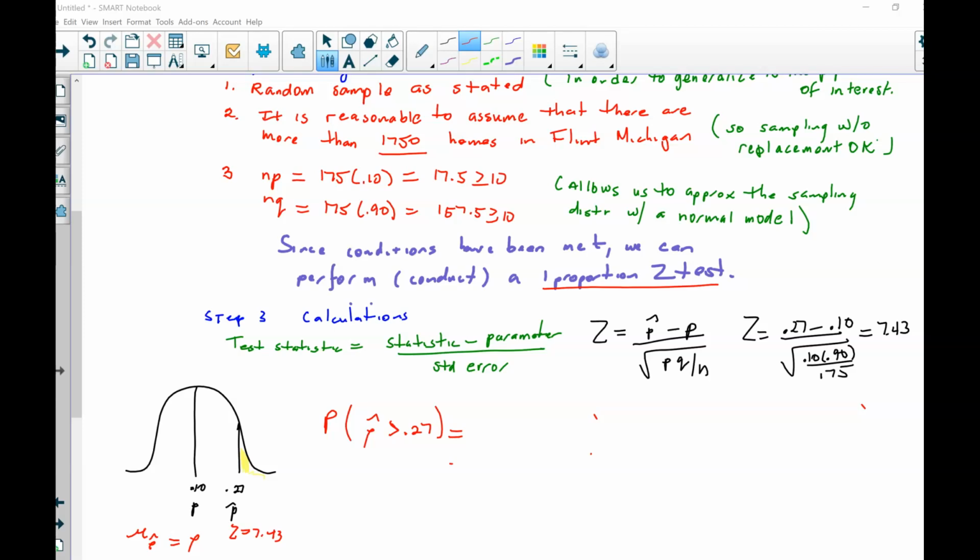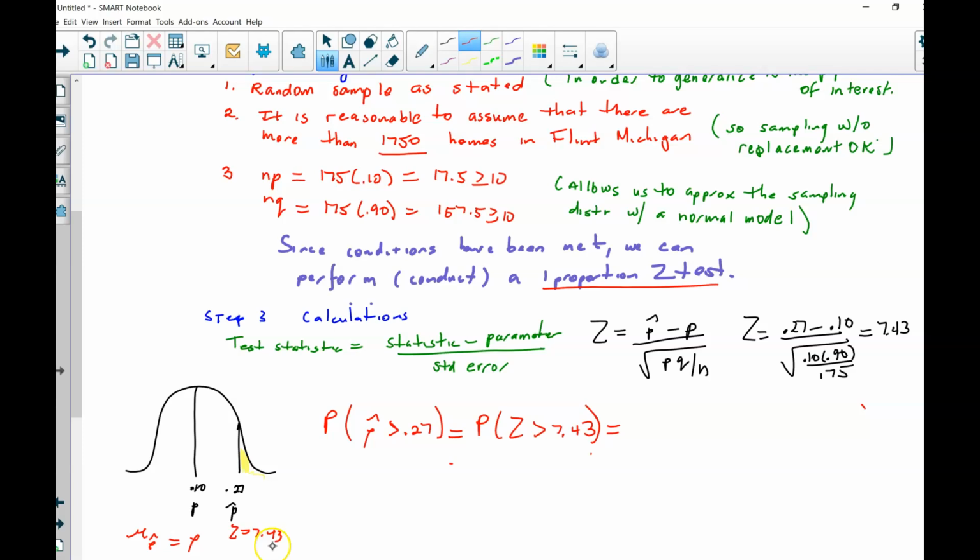So where does the test statistic fit in? Using p-hat, that test statistic is really just a z-score. So we're converting this notation and we're saying this is equivalent to the probability that our z-score, our test statistic, is greater than 7.43. So now I can apply a normal model.